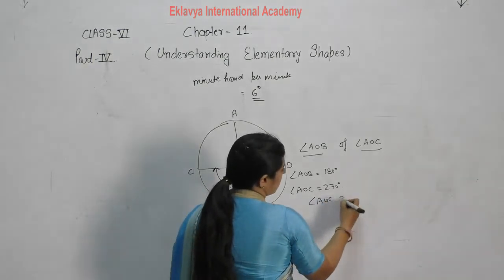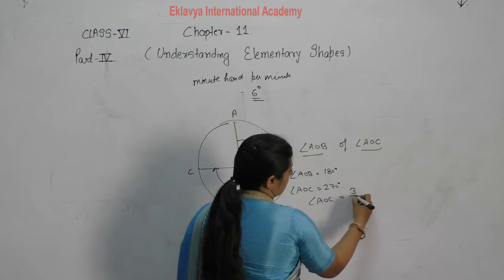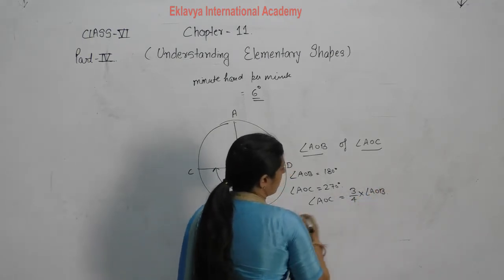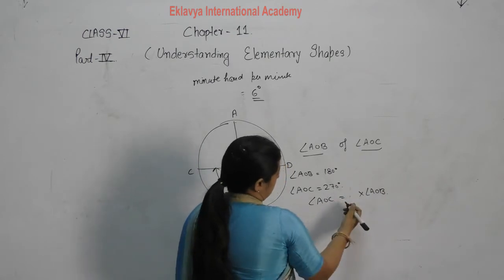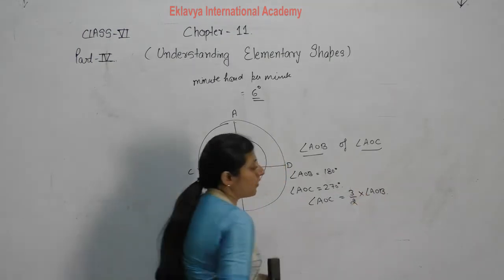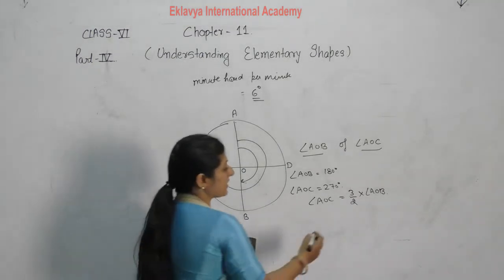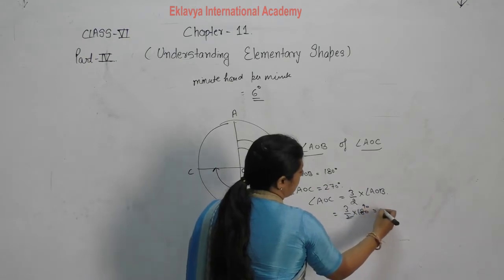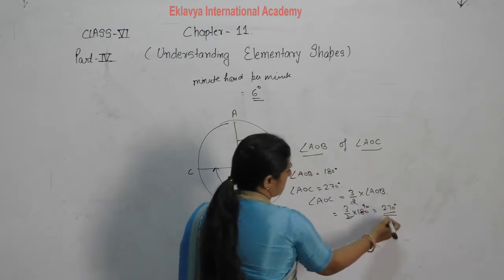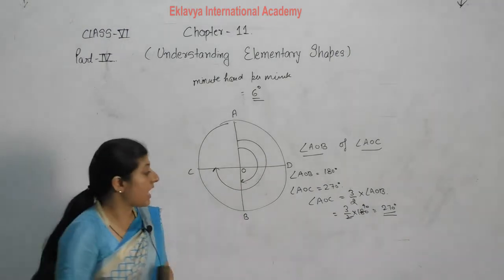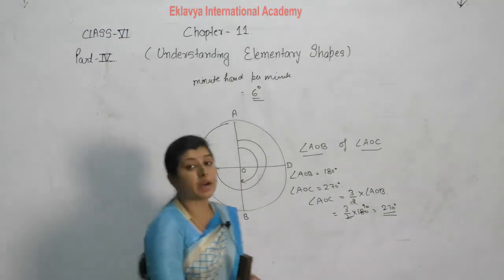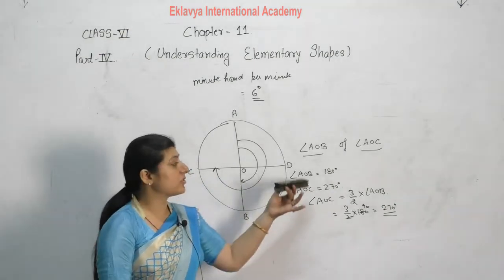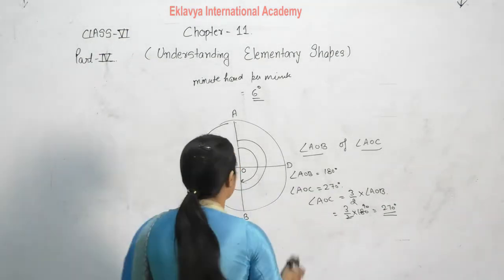Angle AOC is 3/4 of angle AOB? Not 3/4. It is 3/2 of angle AOB, that is 3/2 into 180, 90 into 3, 270. So angle AOC is equal to 3/2 of angle AOB. This way we found the relation between the angles AOB and AOC.